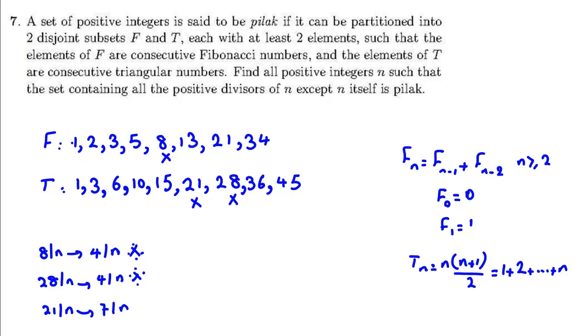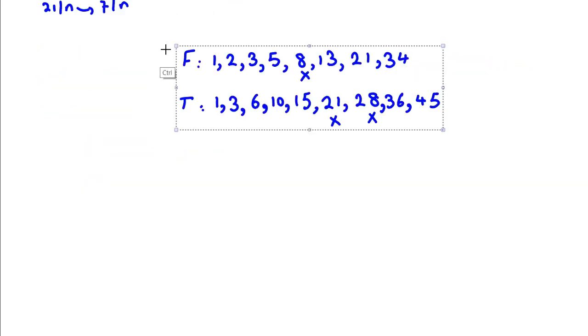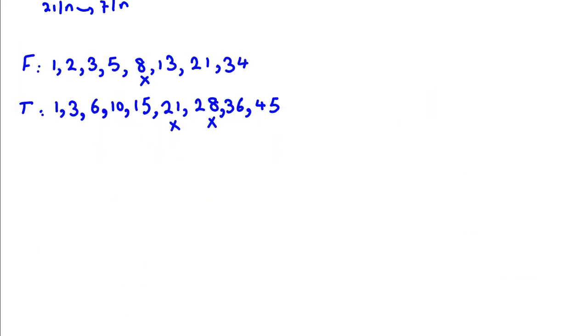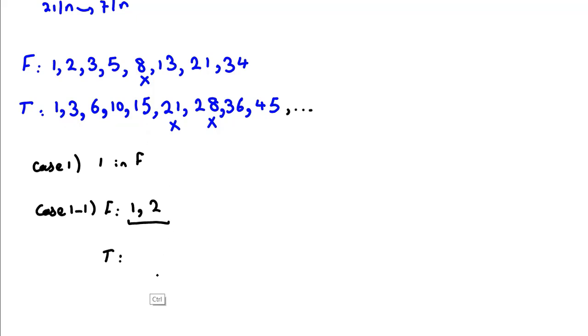So now we consider two cases. We select 1 from F or we select 1 from T. Let's consider case 1: we use 1 in F, and we select 1 and 2 only in F. Now in T, since 21 and 28 are not possible, we select from the earlier part.